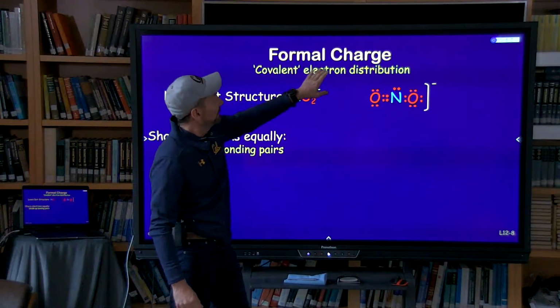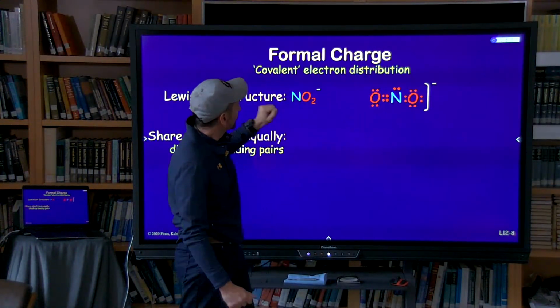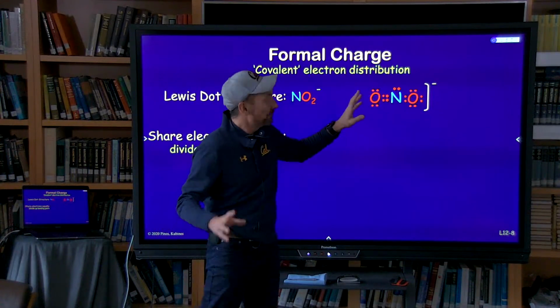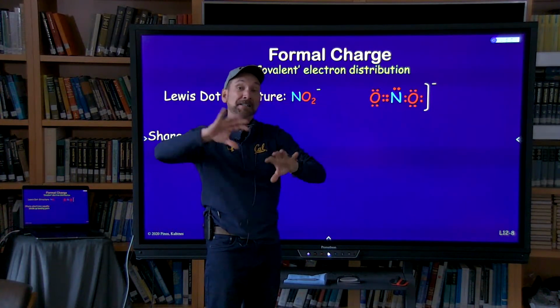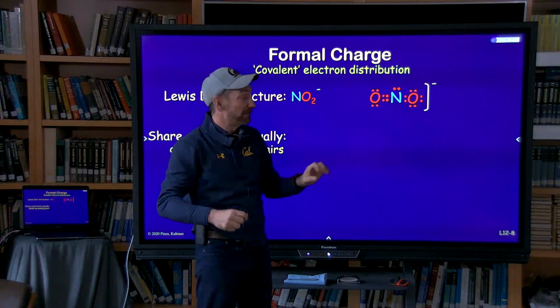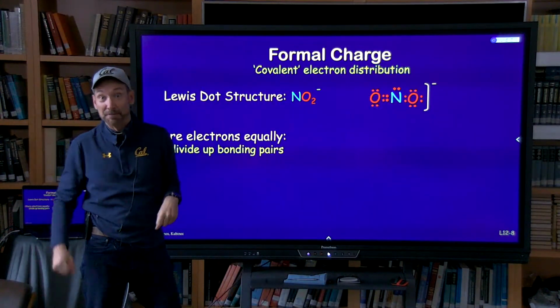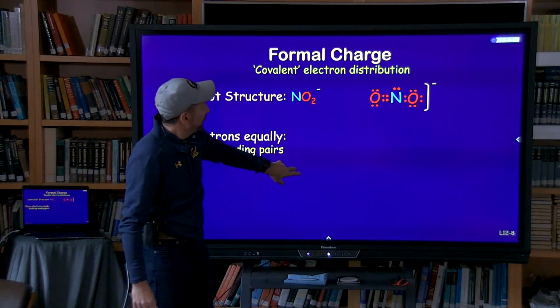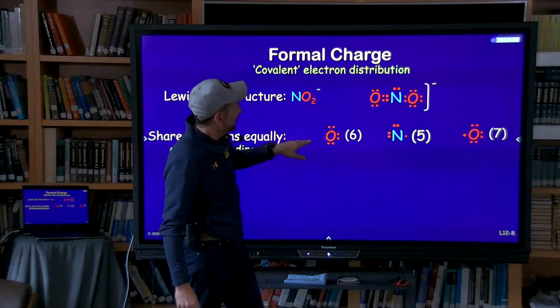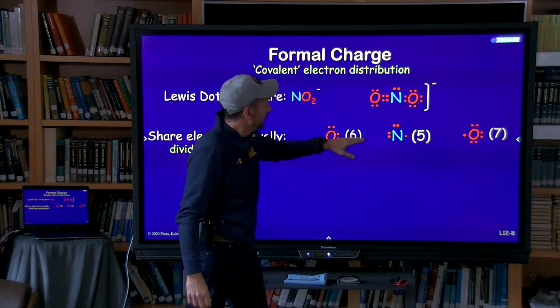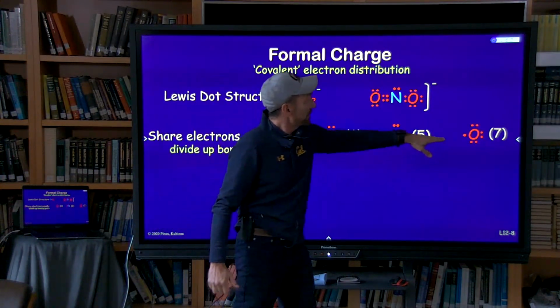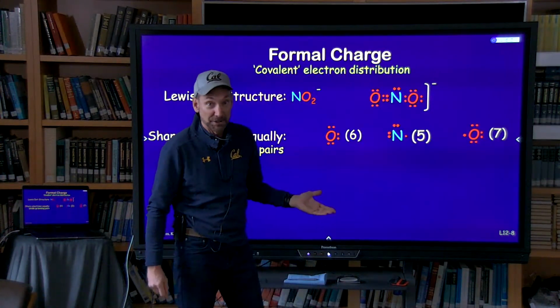When we're doing formal charge, we draw the Lewis structure, and then we do kind of a covalent dividing of the electrons. So we divide them up between all the atoms by sharing them. So here's the electrons the atoms have around them in the molecule.